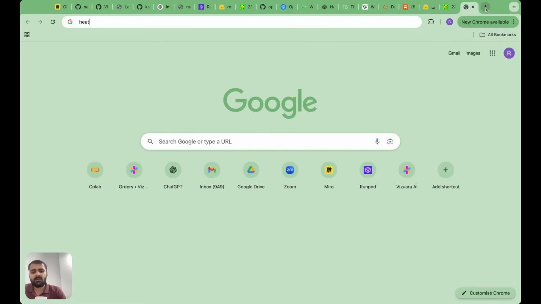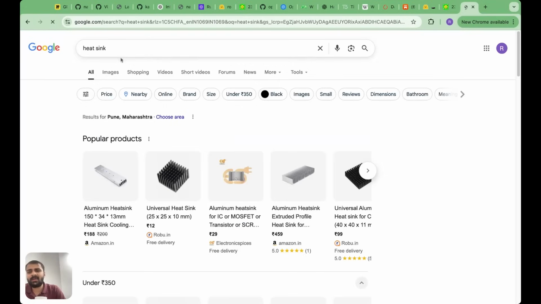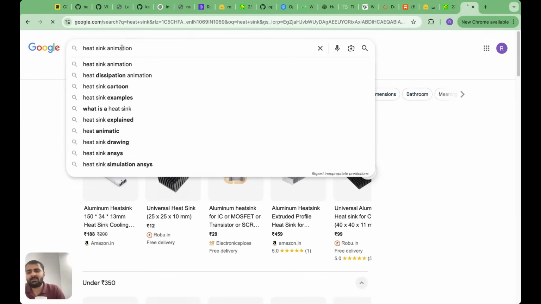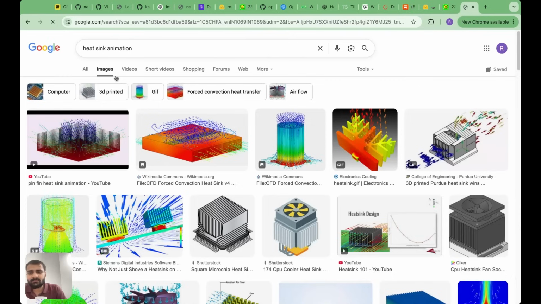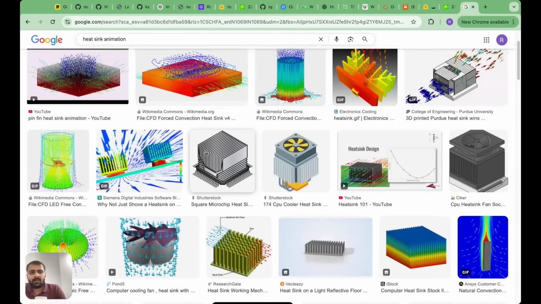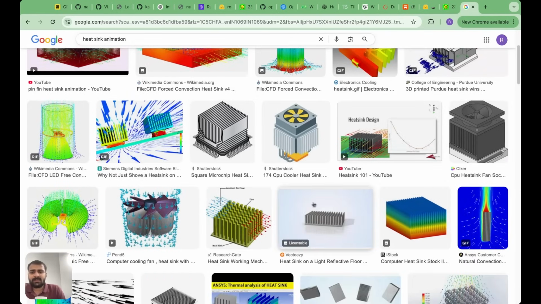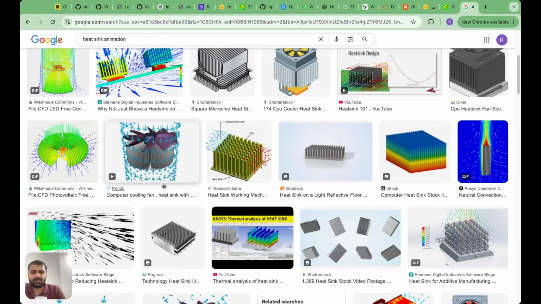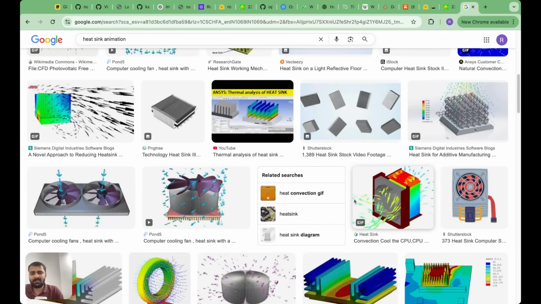So if you look at a heat sink animation, I wanted to show it because that's the place where the heat sink absorbs all the heat. It's similar to noise being absorbed.